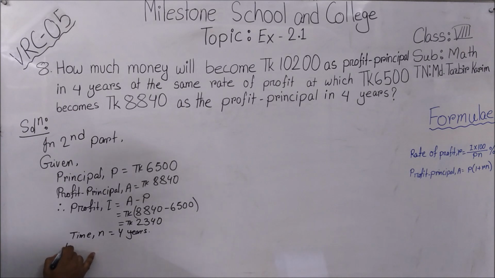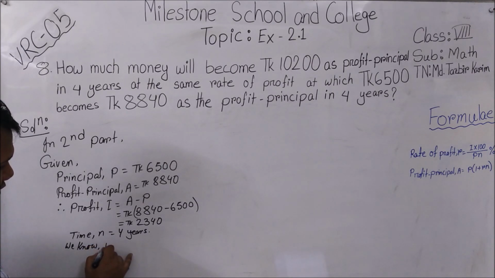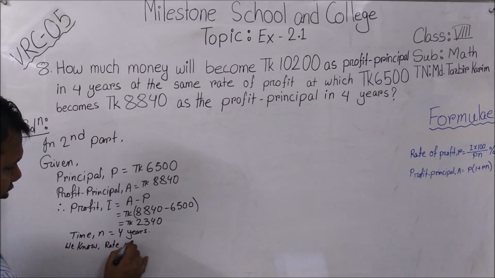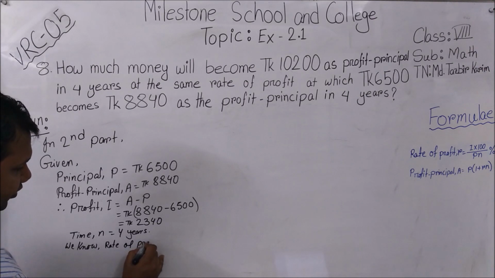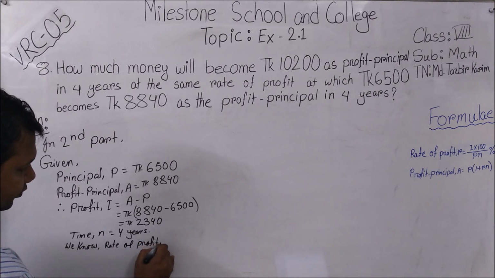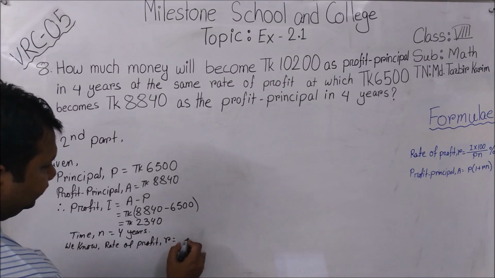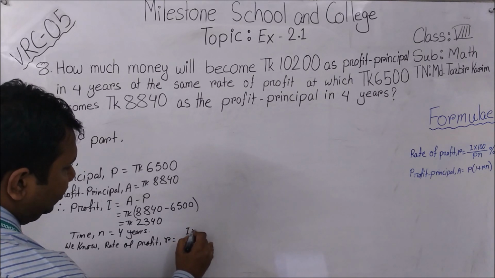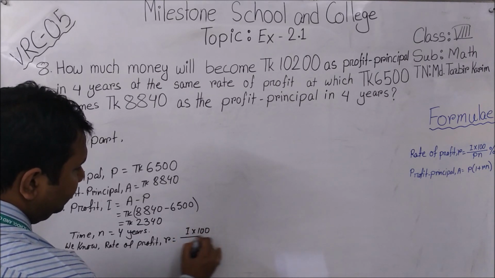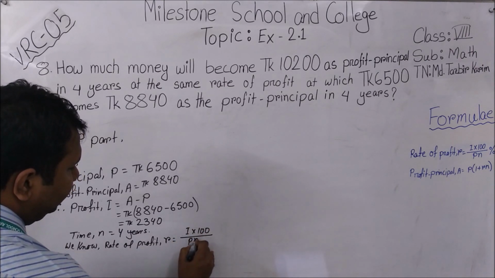We know the rate of profit R equal to I into 100 by Pn.